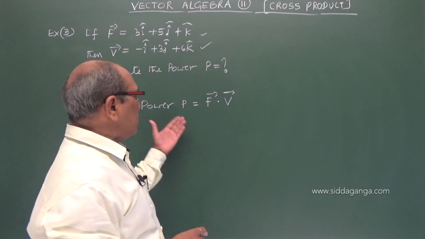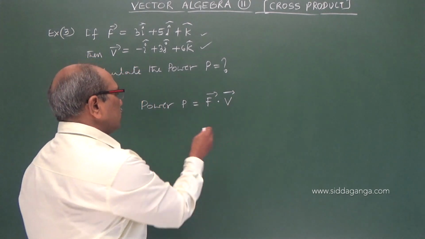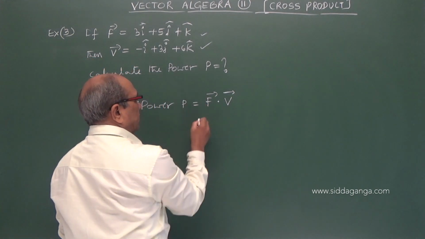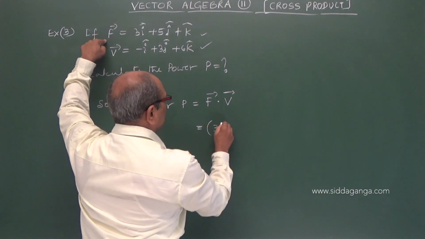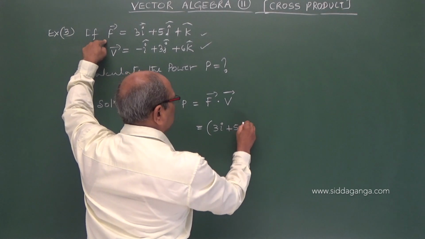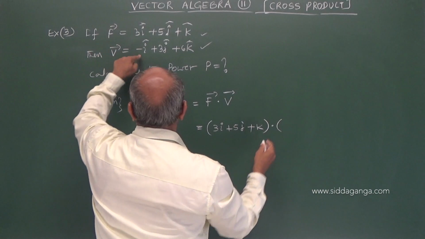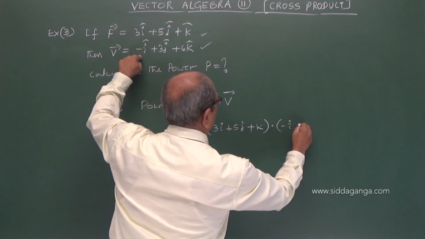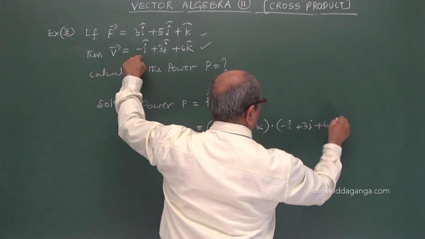Then the power experienced by the body equals F dot V. Here power is a scalar, therefore I use the dot product. F is 3i plus 5j plus k dot minus i plus 3j plus 6k.